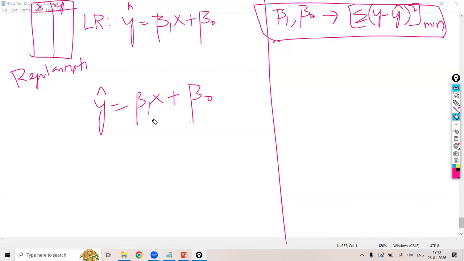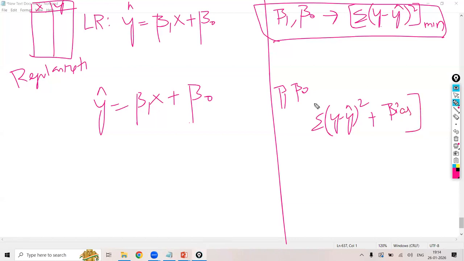First one. Okay. But what they have done is, in the calculation of beta 1 and beta naught, not only the sum of the squares of errors should be minimum, plus I am going to add some bias. Some bias I am going to add. This bias, including overall, should be minimum.